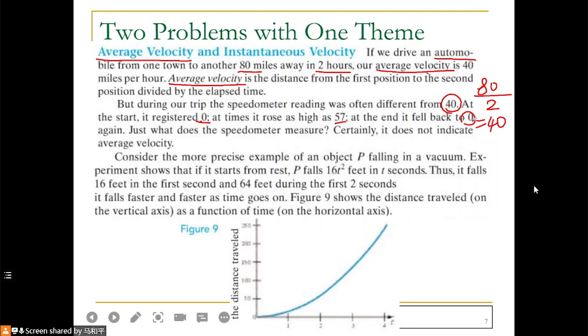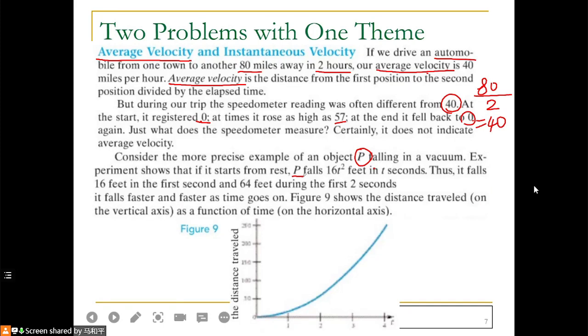Okay. So, for example, we'll give a more precise example of an object P. Say P falls 16t squared feet in t seconds.